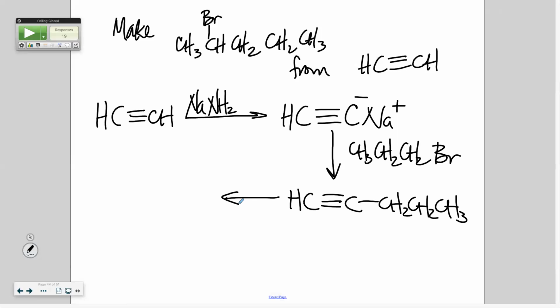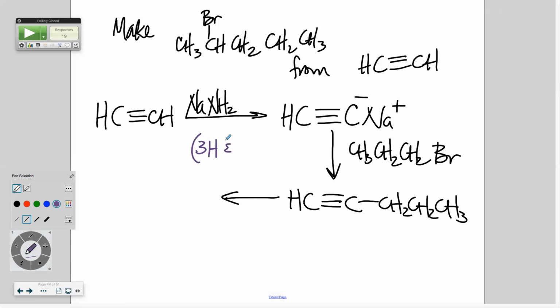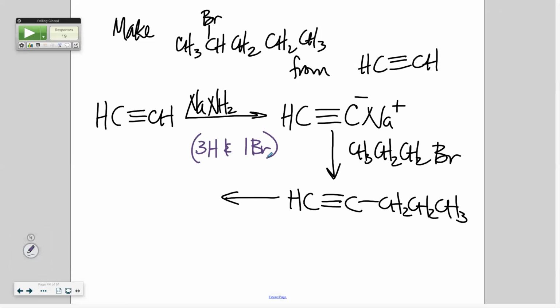Add what? You gotta add something. We're gonna be here for a long time. So you said you have to do it in 2 steps? Yeah, there is no reaction that will add H4Br, or H3Br. You're short 3 hydrogens and 1 bromine. That's the difference. Okay, so what can we add?